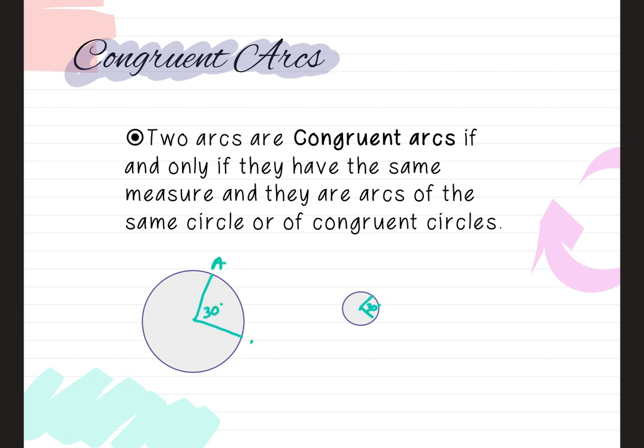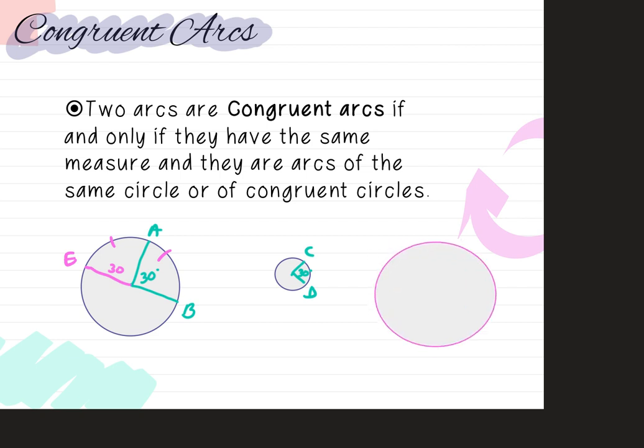These arcs would not be congruent because those circles are not congruent. They either have to be in the same circle with the same measure or they have to be in congruent circles. So if I go in the same circle this way and I said 30, then these two arcs are congruent.